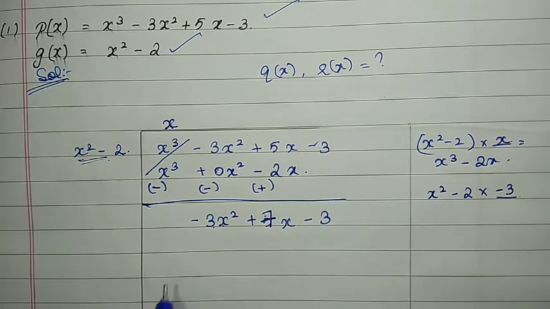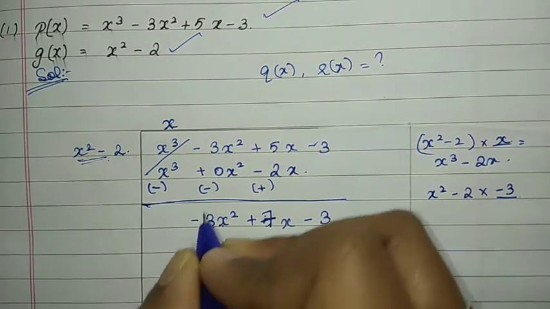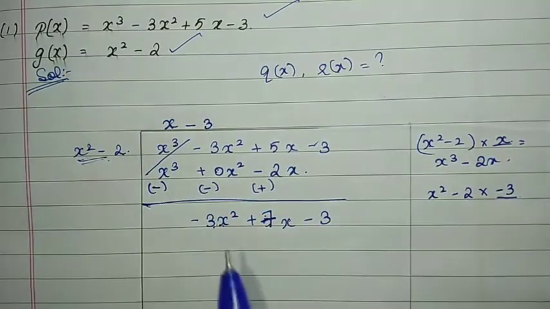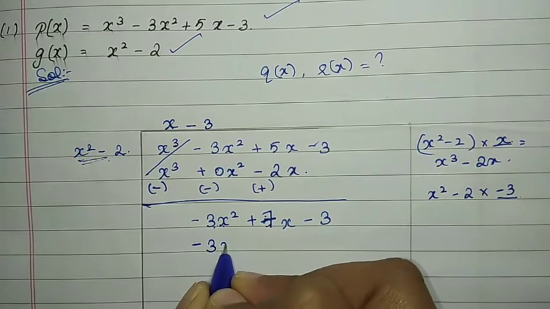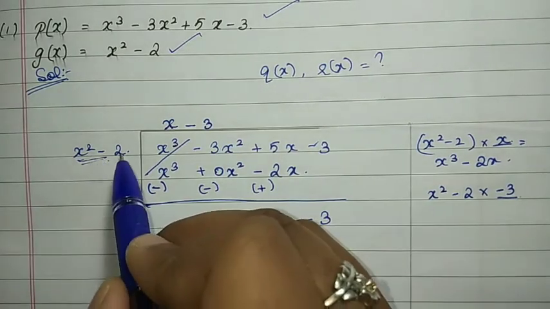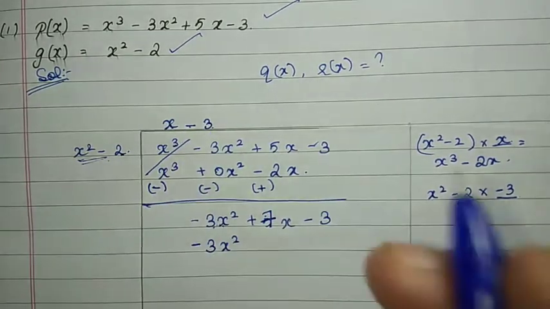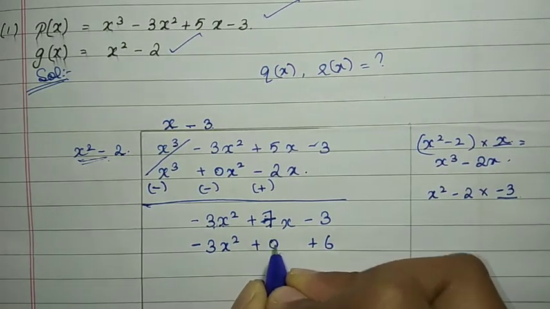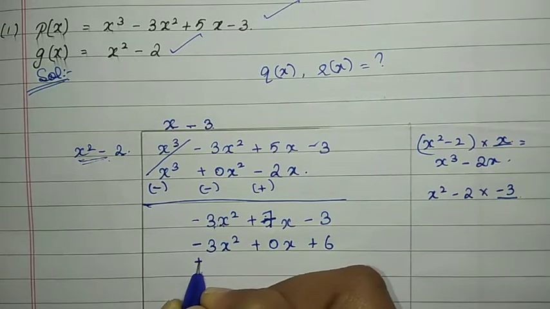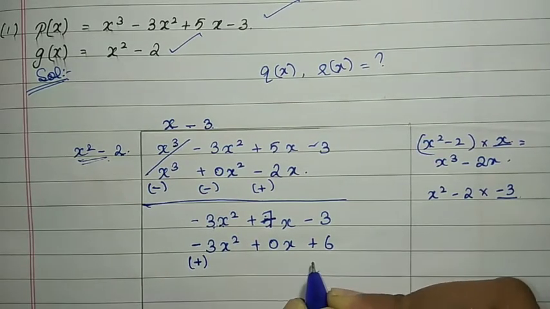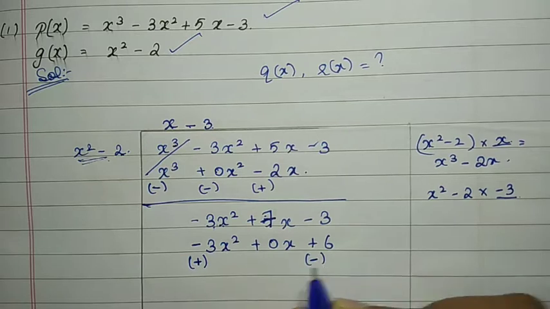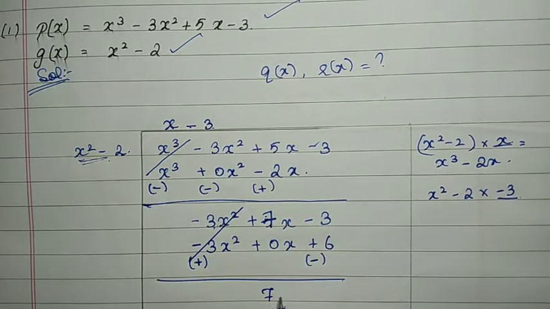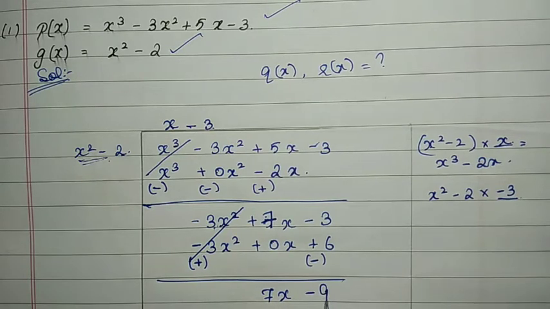So I have to check only this. I will multiply with minus 3. Minus 3 into x square is minus 3x square, and minus 2 into minus 3 is plus 6, I will write it here. So plus 0x. Now I will be changing the sign. Here also I will be changing the sign, and this will get cancelled, and 7x minus 9.